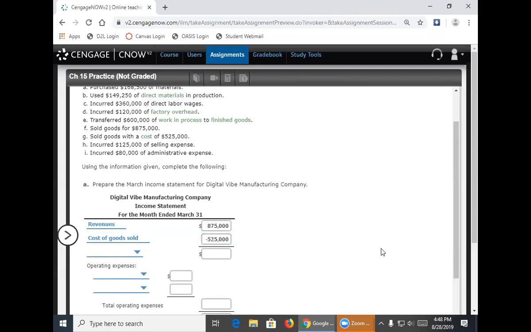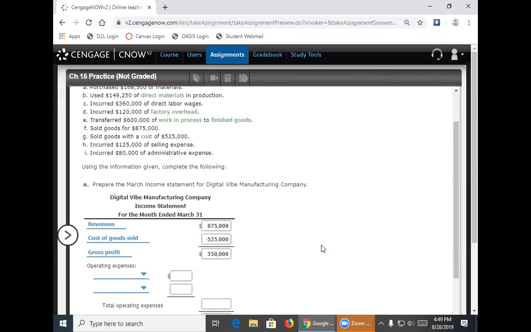It is being subtracted. So revenues minus cost of goods sold equals gross profit. So what's my gross profit? Very good, $350,000. So gross profit is what we made just off of the goods themselves.